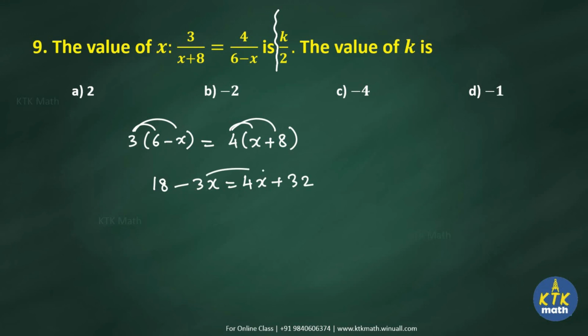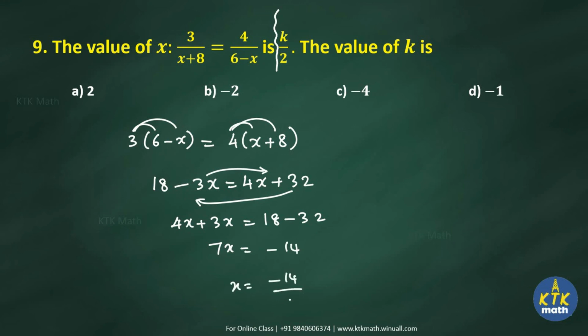What are you going to get? 3x I can move here, no? So 4x plus 3x, and 32 you can bring here. So 18 minus 32. So 7x gives you minus 14. 18 minus 32 is minus 14. So x is equal to minus 14 by 7, which gives you minus 2. So the x value is minus 2.